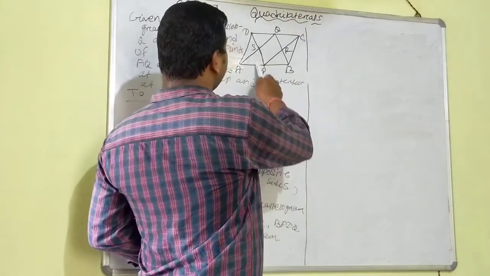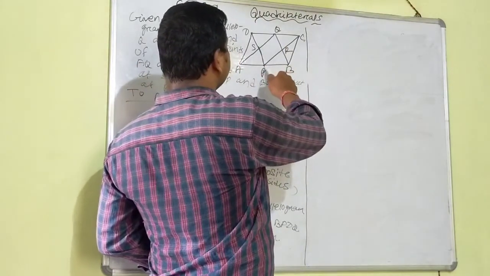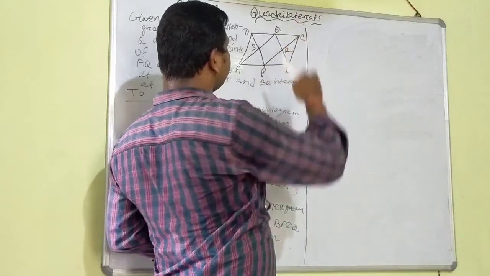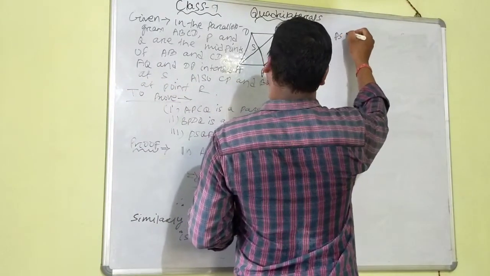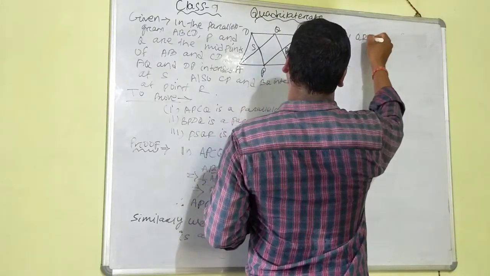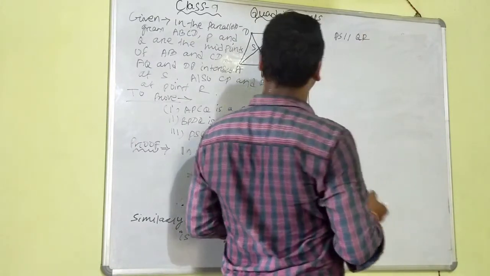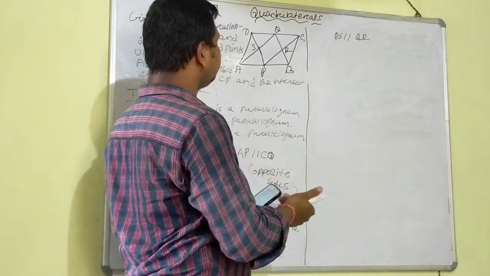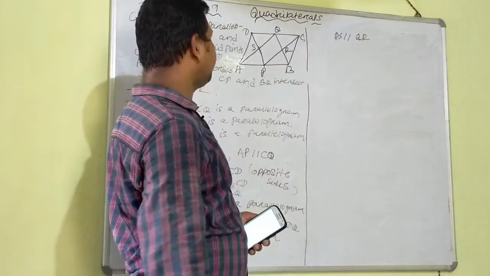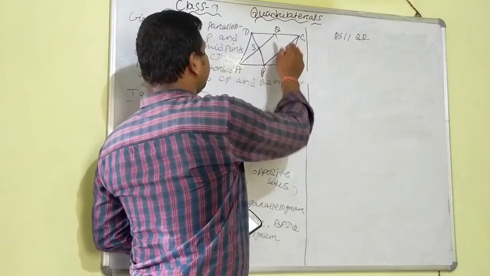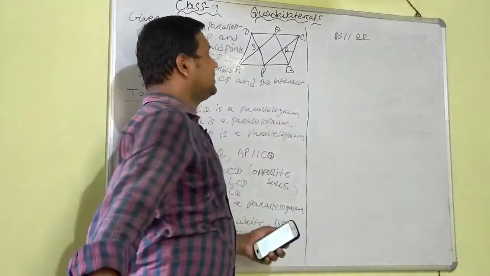So part of PD and BQ is PS and QR. So we'll write PS parallel to QR. Again we will say APCQ is a parallelogram. That means AQ parallel to PC.